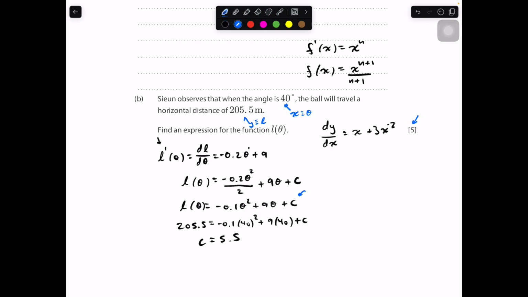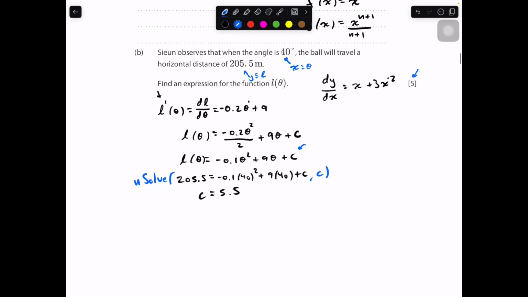If you wanted to work this out, of course you could just solve for c, and that would be fine as well. Here c is equal to 5.5. So the completed expression, L of theta is equal to negative 0.1 theta squared plus 9 theta plus 5.5.